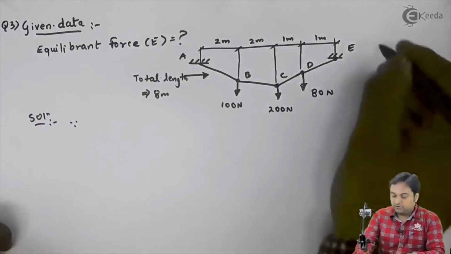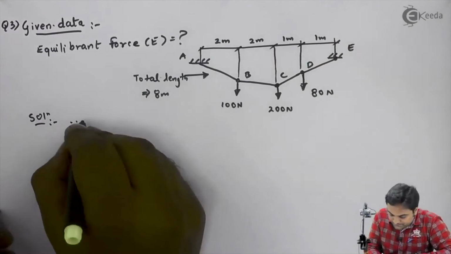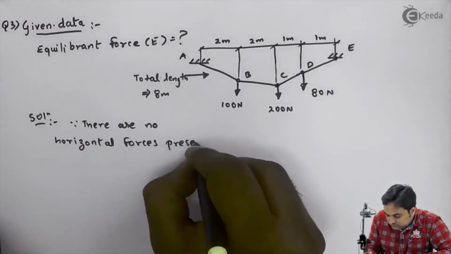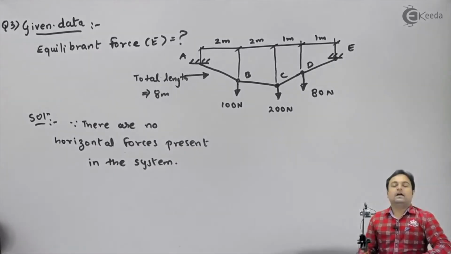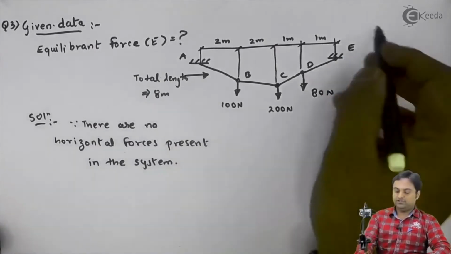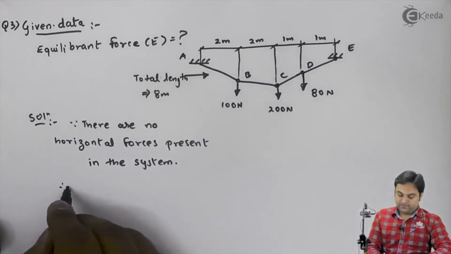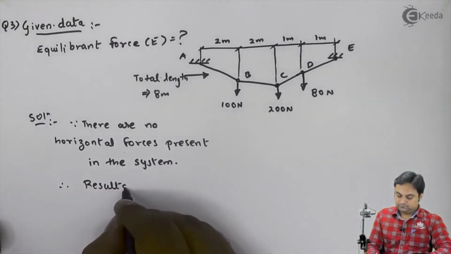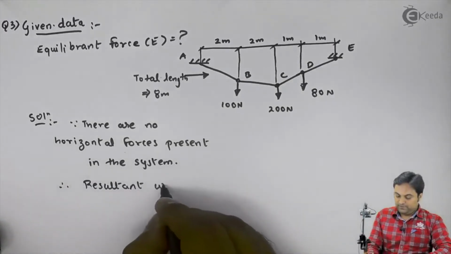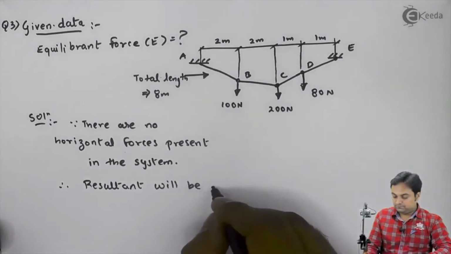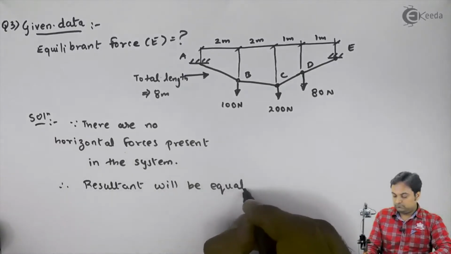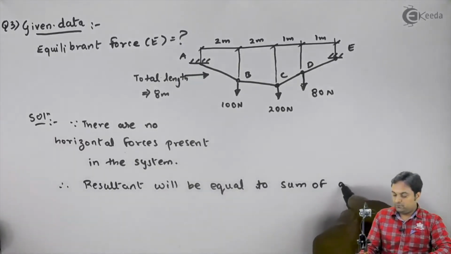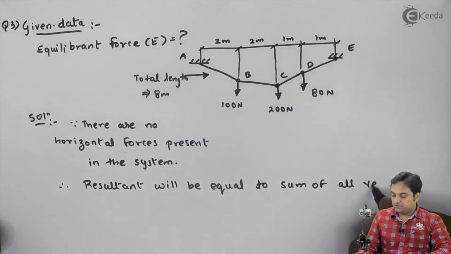Since there are no horizontal forces here, as there are no horizontal forces in the system of string, therefore the resultant will be equal to the sum of all vertical forces.